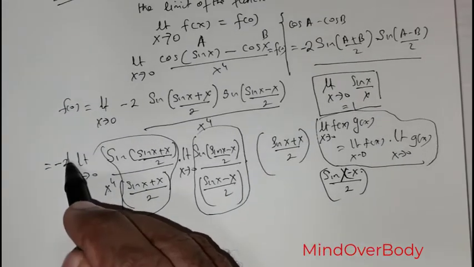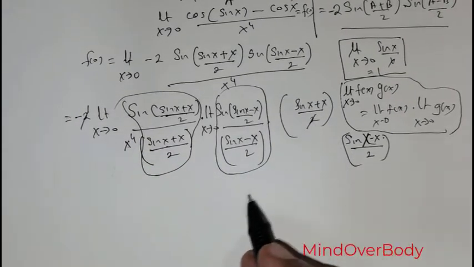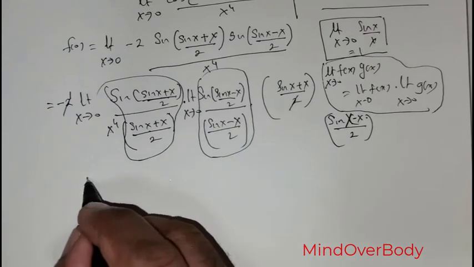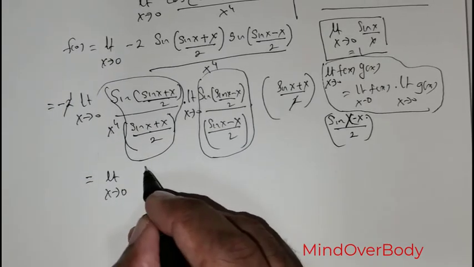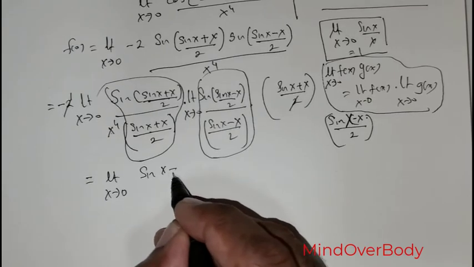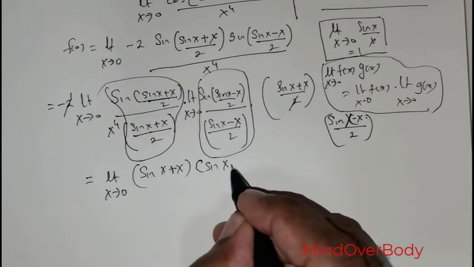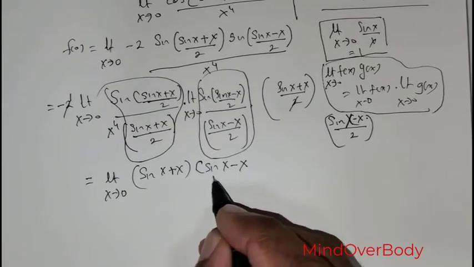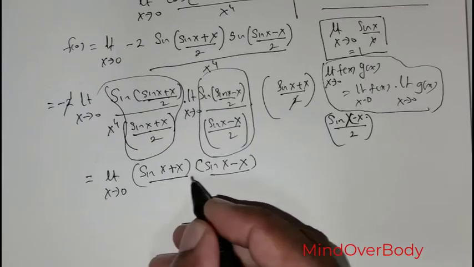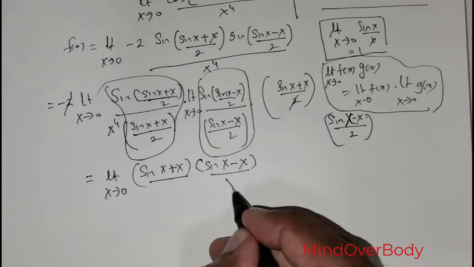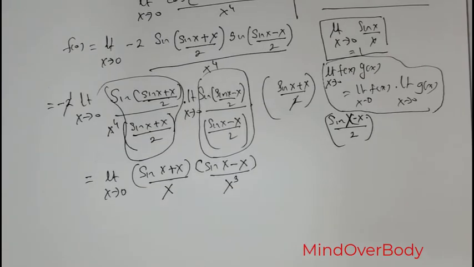Of course I can cancel the 2 that is present here, and now I can rewrite this. So this is going to be equal to limit x tending to 0 of sine of (x plus x) times sine of (x minus x) divided by x to the power of 4. So we got x to the power of 4. I'm going to write x cubed over here, and I'm going to write x over here. So this is what I have got.